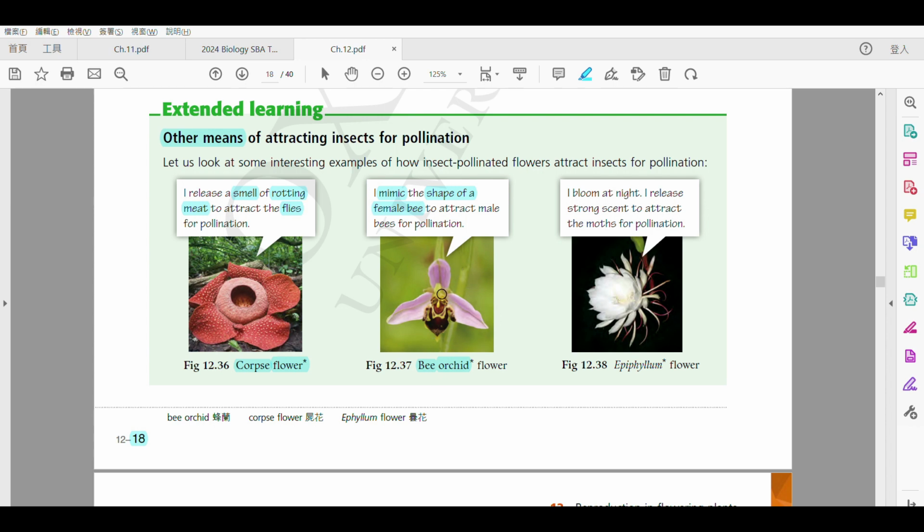So as you can see, this one, especially this area, is very much looking like a female bee, 得唔得? Okay, and some of the flowers bloom at night, 其實有原因嘅, so that therefore there will be less competition, alright?